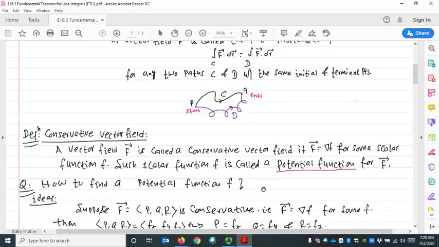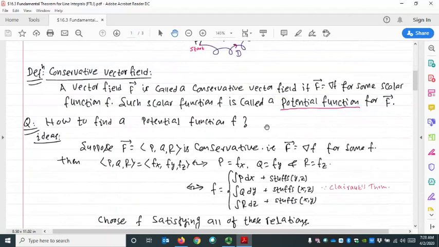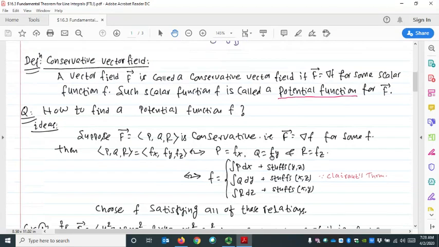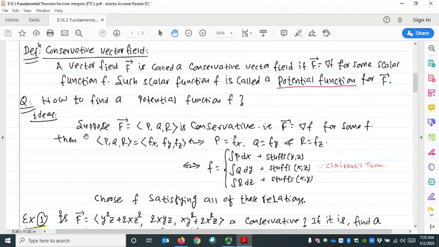So the question, let's ask ourselves: how do we find a potential function? Let me scroll down. Suppose a given vector field with components P, Q, R is conservative. That is, the vector field F equals the gradient of f for some f.